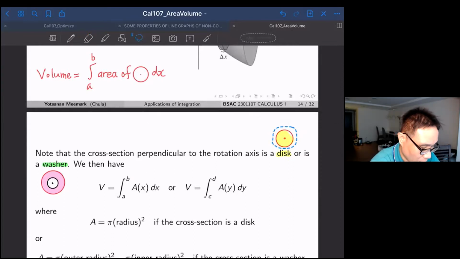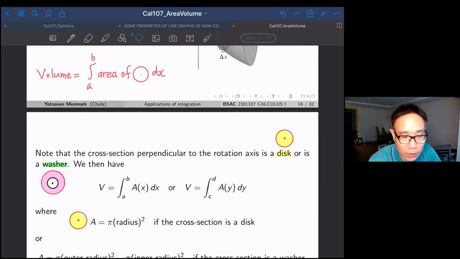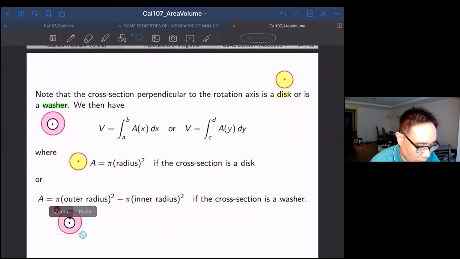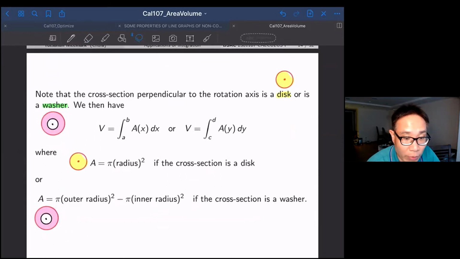Let me copy this and put it down here. For the disc, the cross-section area turned out to be pi times radius squared. And if you have the washer, it's gonna be pi times outer radius squared minus pi times inner radius squared.